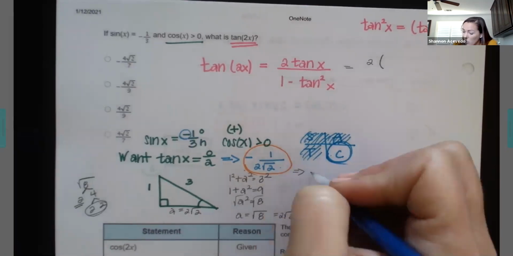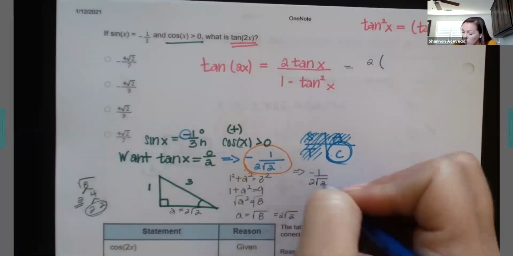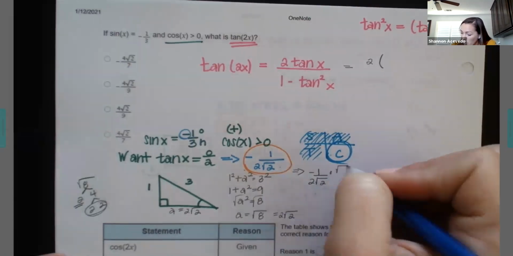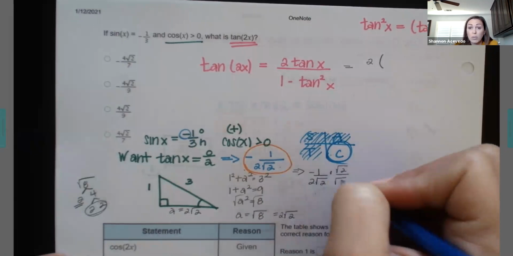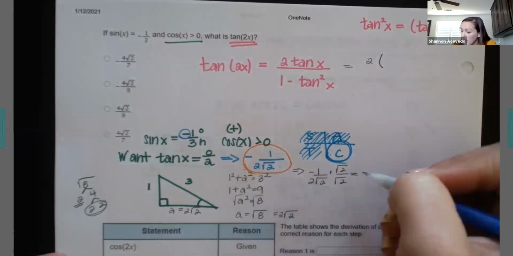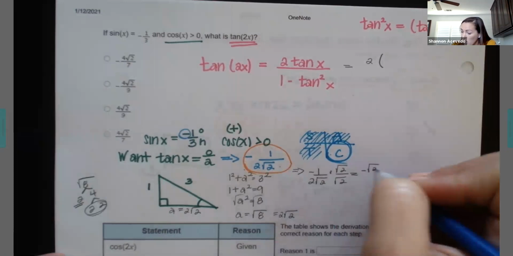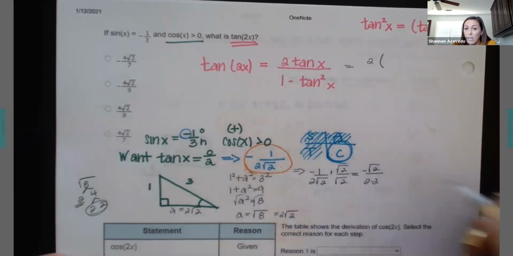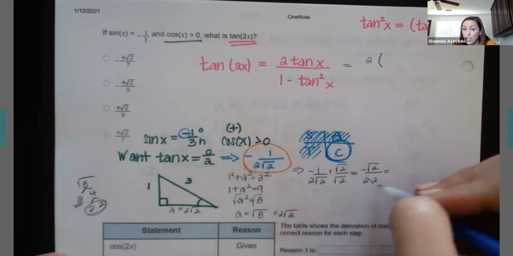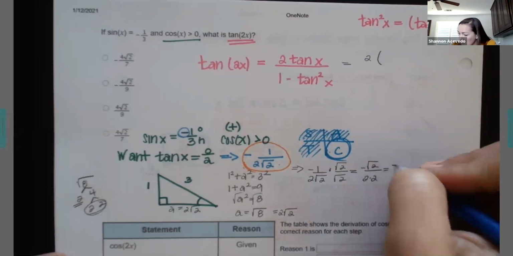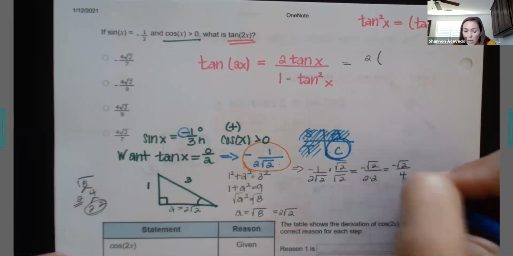So it'd be negative 1 over 2 square root of 2. And I would multiply by square root of 2 over square root of 2. So when I do this, I end up with negative square root of 2 over square root of 2 times square root of 2, which is square root of 4, which simplifies to 2. So I end up with negative square root of 2 all over 4.